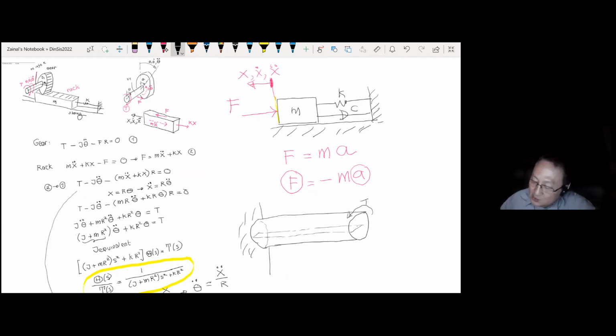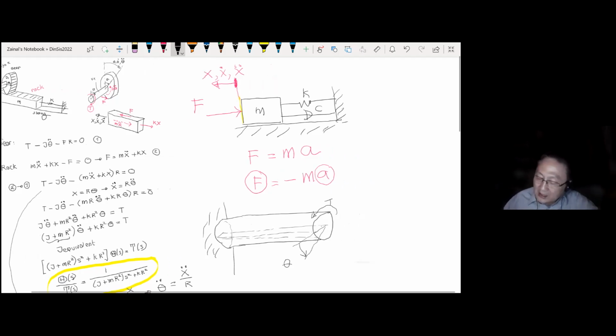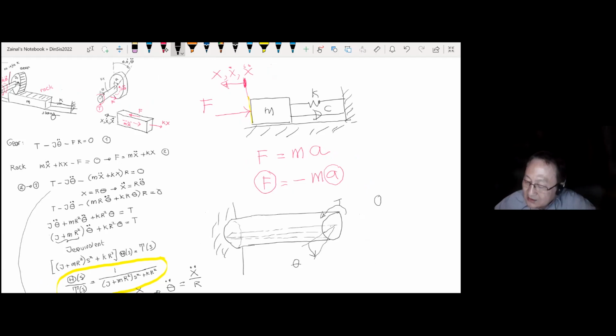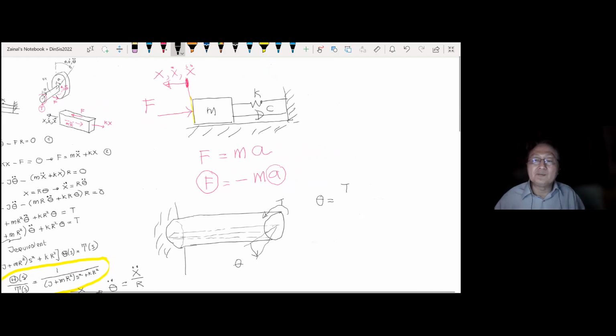Then this one moves from here to this one, theta. So what is the degree of theta? Theta, of course, depends on the torque. The bigger the torque, the more rotation you have.